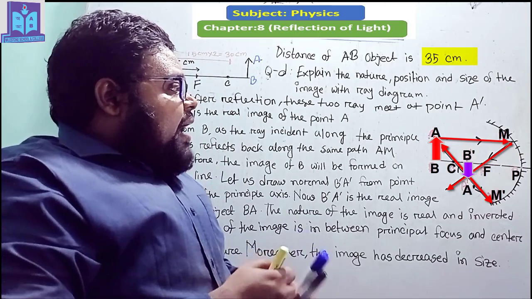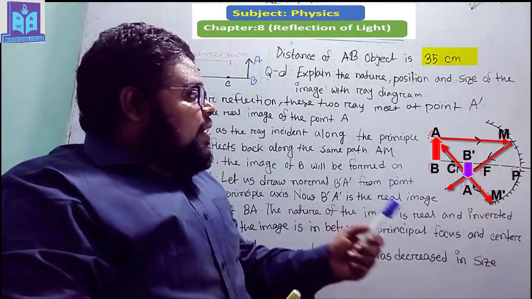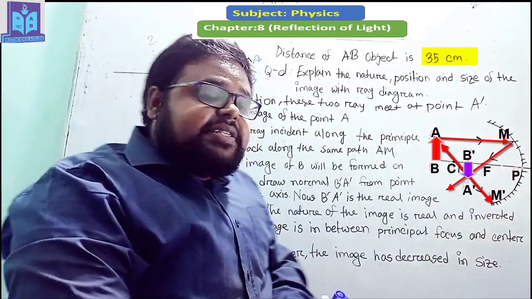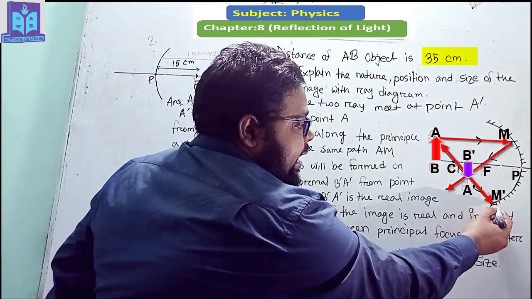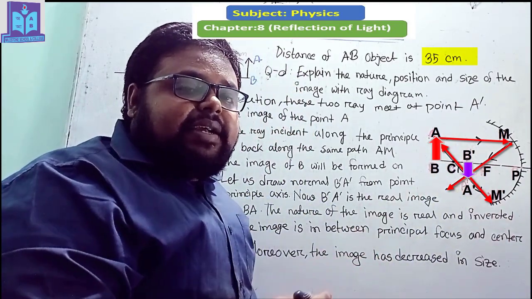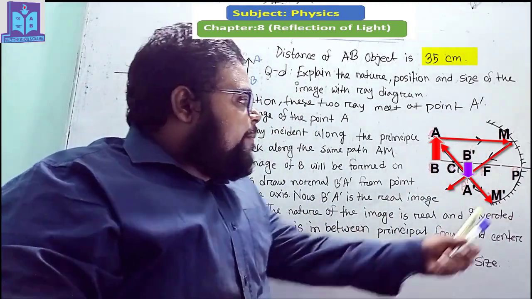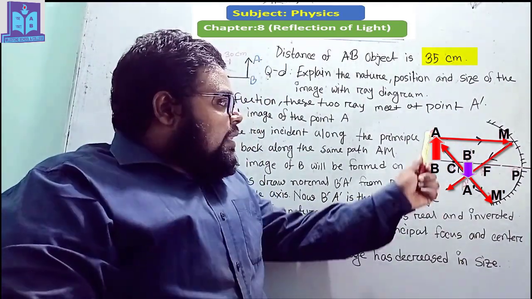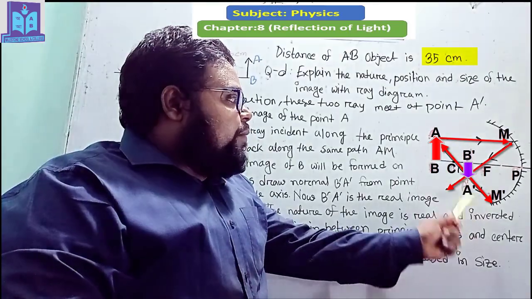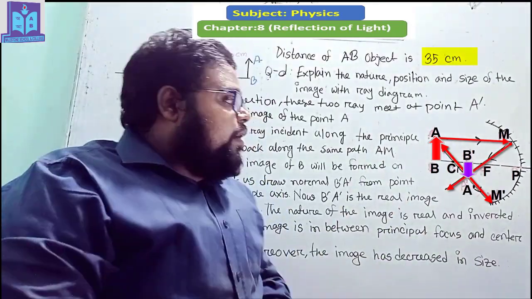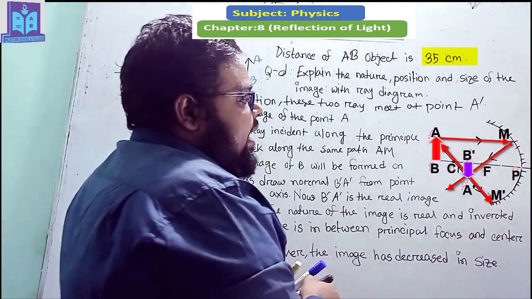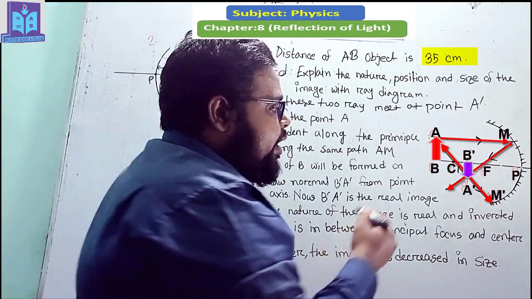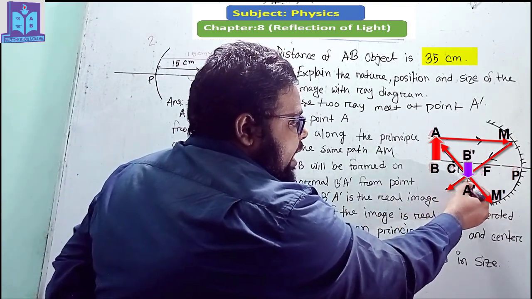For the second ray, the light is traveling from the A point towards the center, and the incident ray is incident on M' point, and after that the reflected ray will pass through the M'A path. That means this time the path of incident ray and the path of reflected ray will be the same. Here you can see that the MF and M'A reflected rays will meet at the A' point.